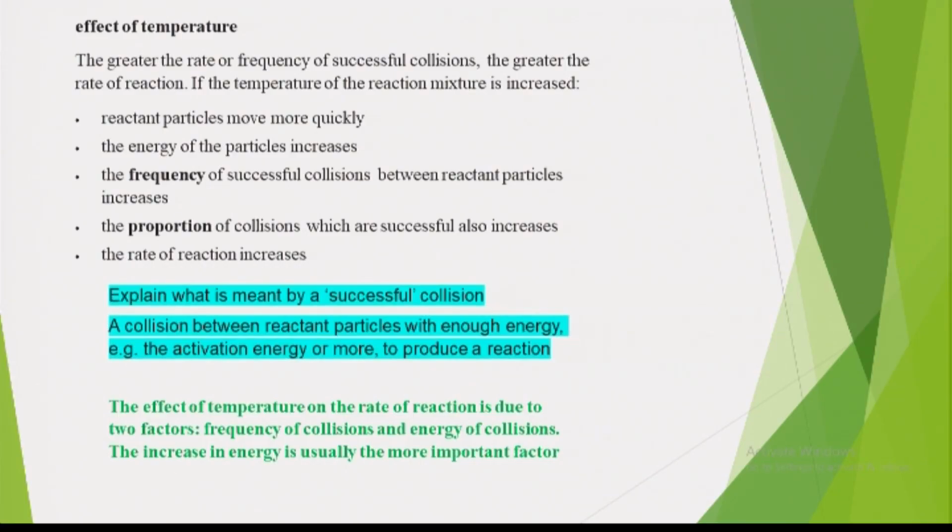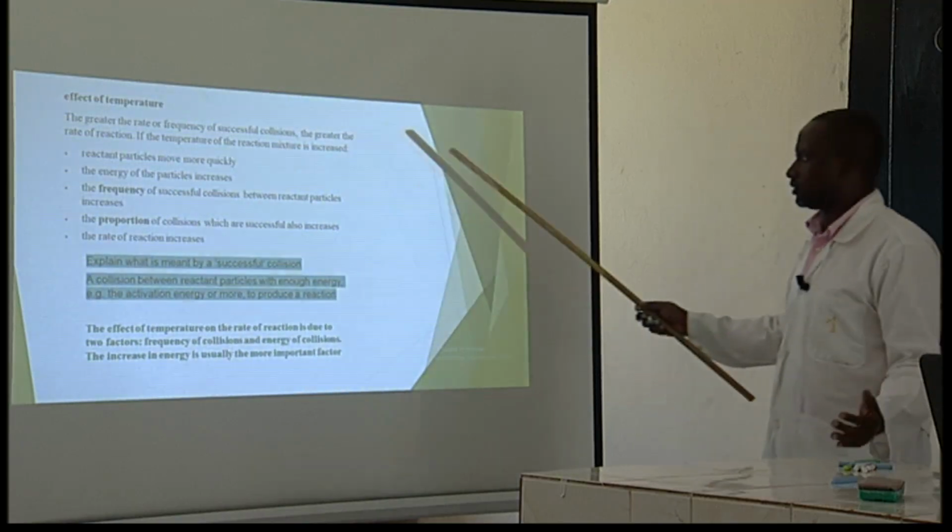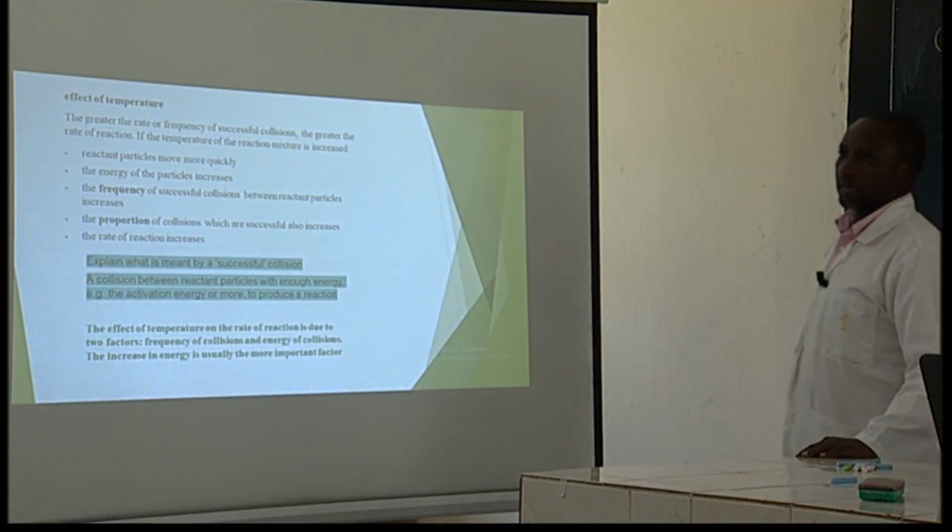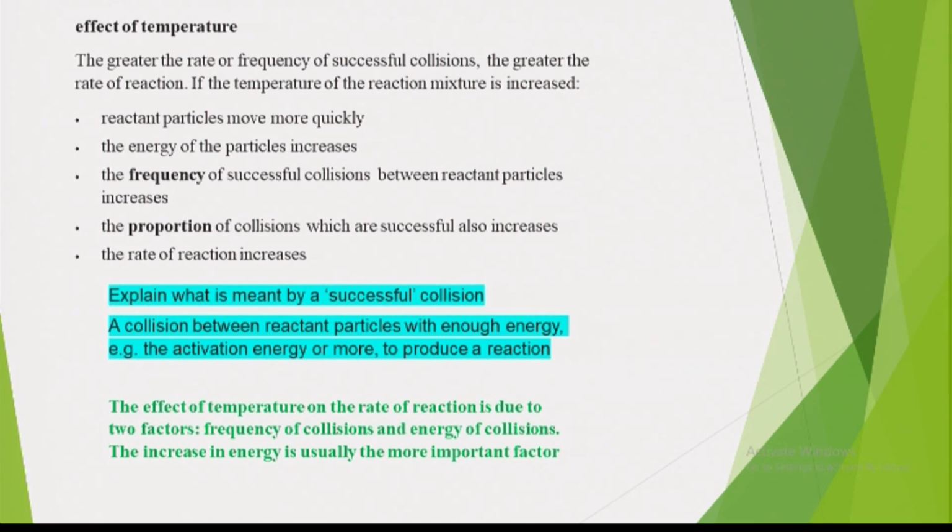If the temperature of the reaction mixture is increased, what do you expect? The reactant particles move more quickly. They gain kinetic energy and move very fast within the solution. That movement increases the chance of colliding.